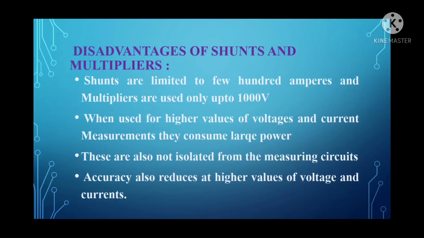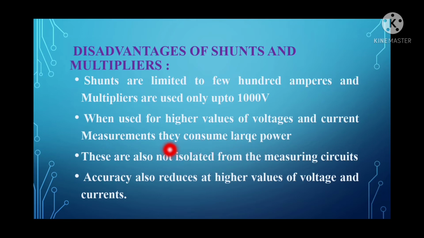So why should we go for the instrument transformer? Why can't we make use of the same shunts and multipliers beyond those ranges? If we make use of shunts and multipliers for higher values of voltage and current, they consume large power from the input side. So that's the major drawback.